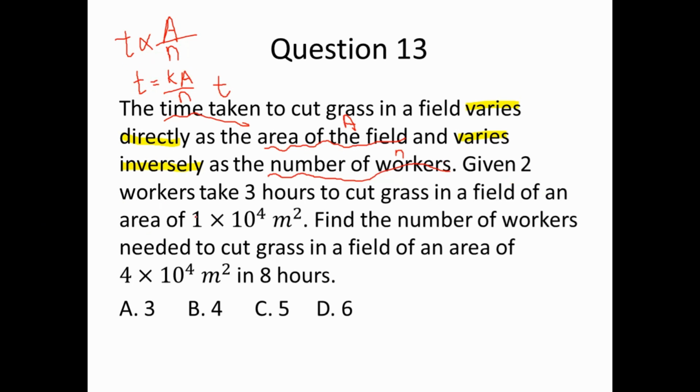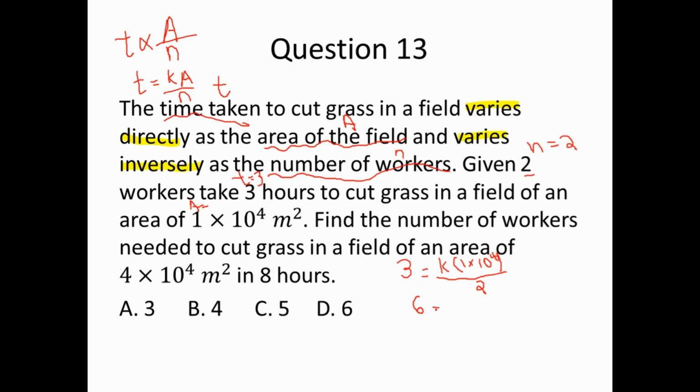Given 2 workers took 3 hours, so N equals 2 and T equals 3. The area equals 1 times 10 to the power 4. We use these 3 values to find the value of k first. So 3 equals k times 1 times 10 to the power 4 over 2.